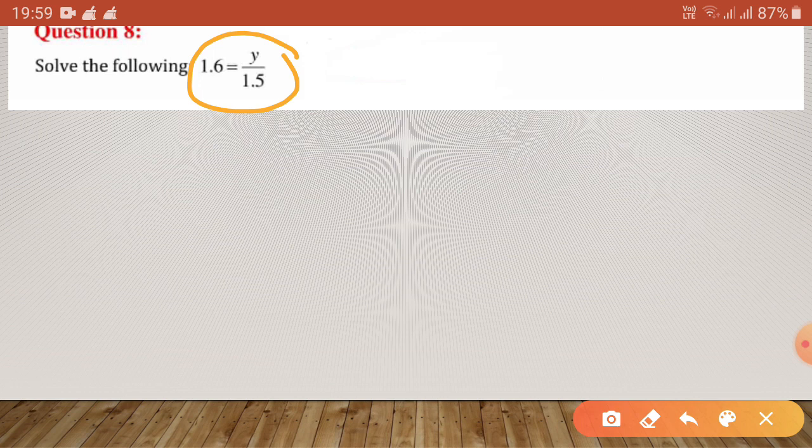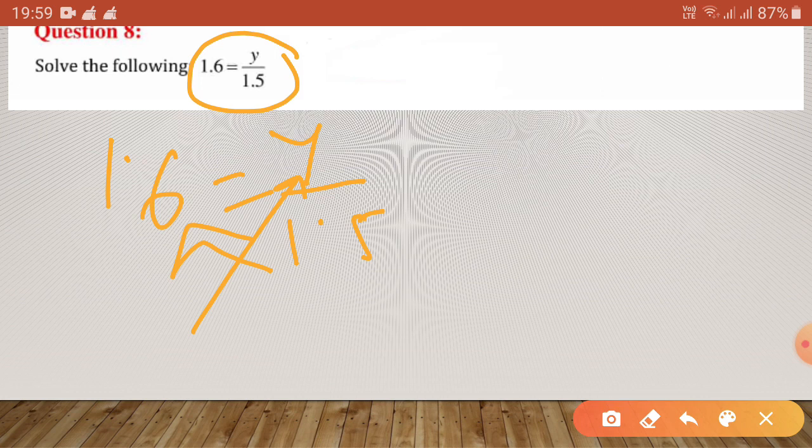Okay, so one thing we can do is multiply 1.5 with 1.6 and 1 into y, by using the cross multiplication method.